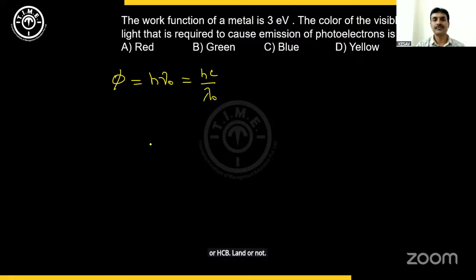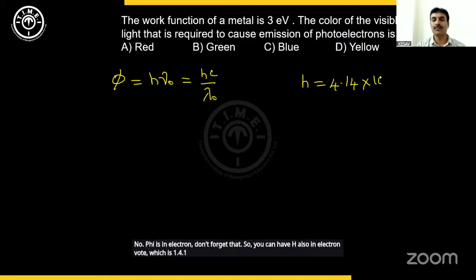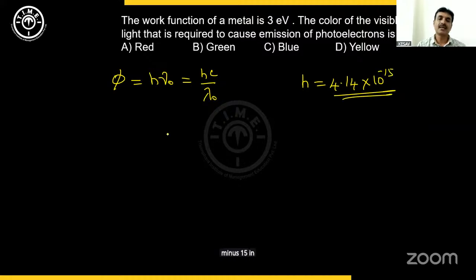Now, phi is in electron volt, don't forget that. So you can have h also in electron volt, which is 4.14 into 10 power minus 15 electron volt second, instead of joule second.